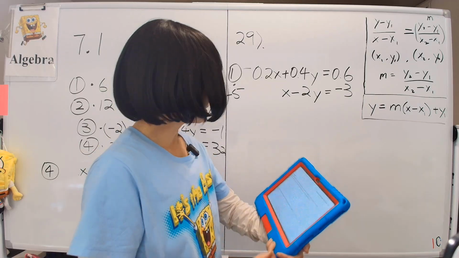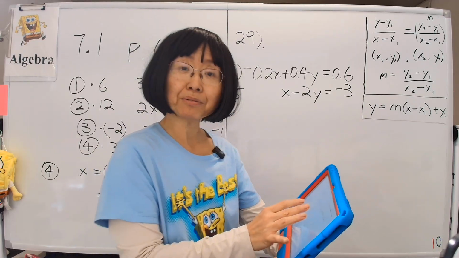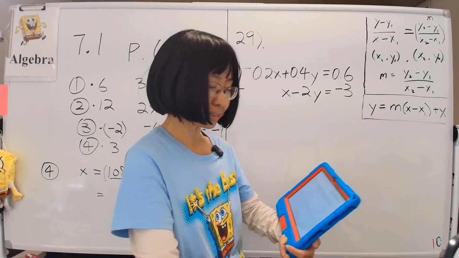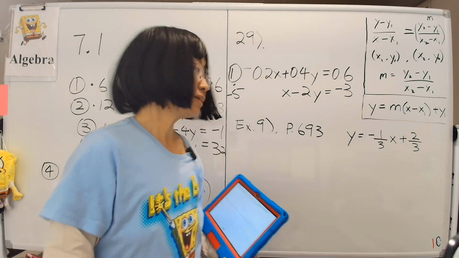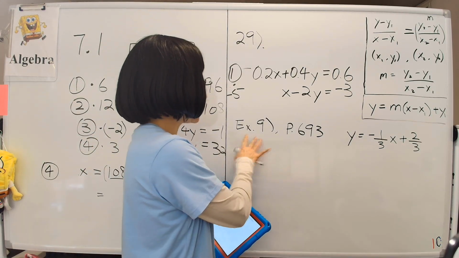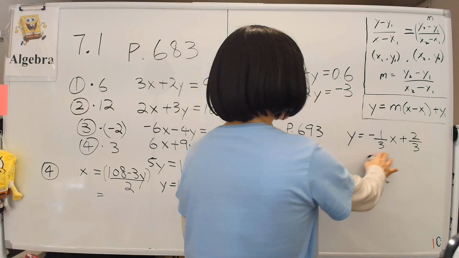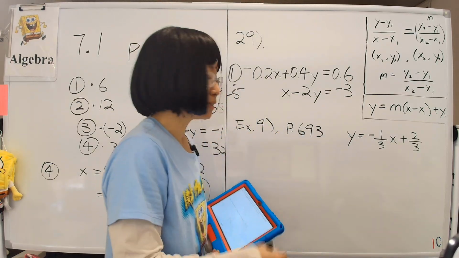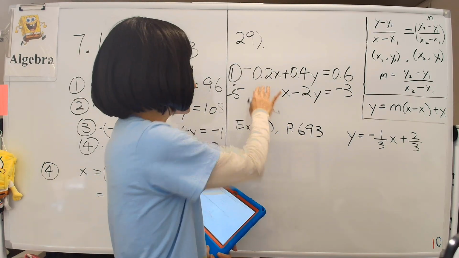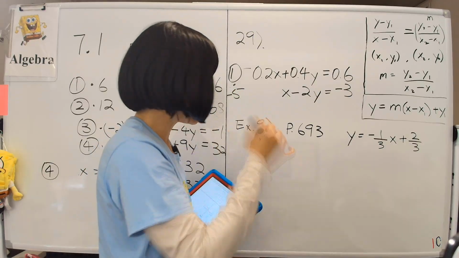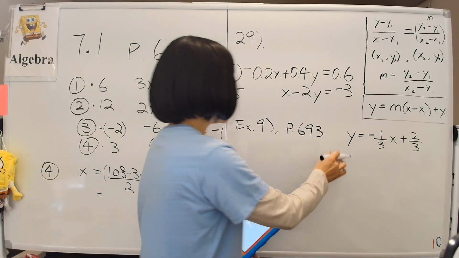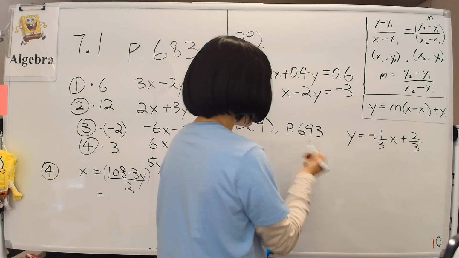So please go back and let's look at example 9 again on page 693. In example 9 on page 693, the line was this thing, and the two lines were just one, just like this situation, the two lines on top of each other. So the book gave the answer this way, without explaining why.